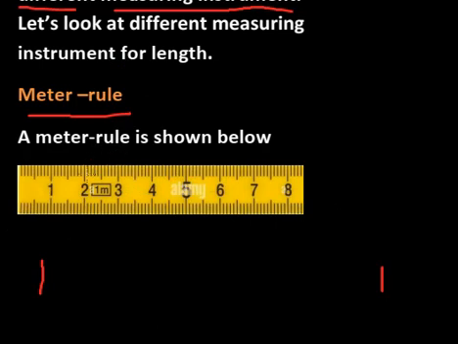Now as you can see, there's something you notice about the meter rule. Every measuring instrument has what is known as precision, or you call it the accuracy. The accuracy is actually the least error, or the highest accuracy you're going to get.